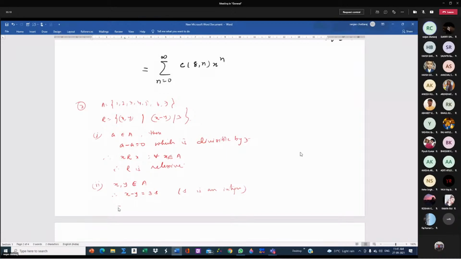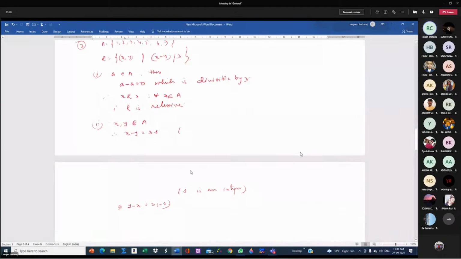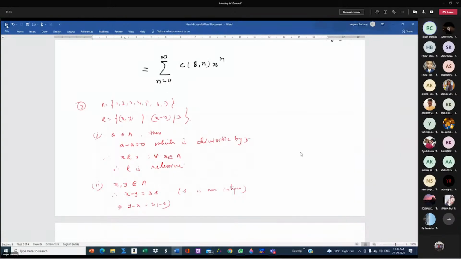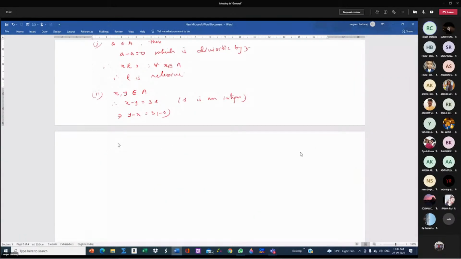Now this implies what? y minus x is equal to 3 times minus s. So this implies y minus x is divisible by 3.